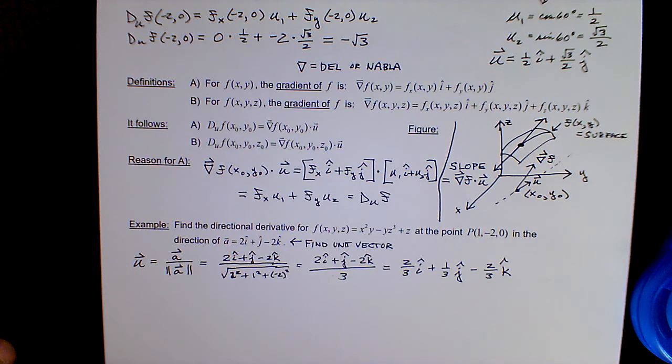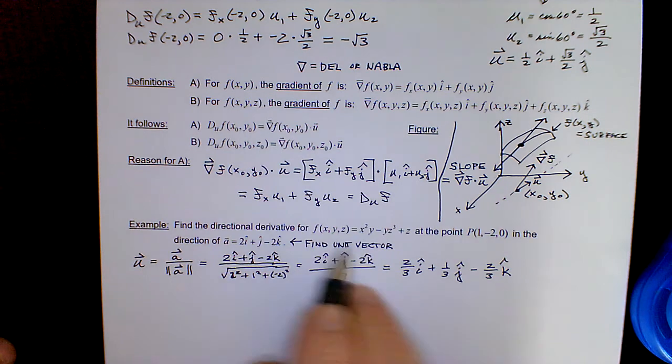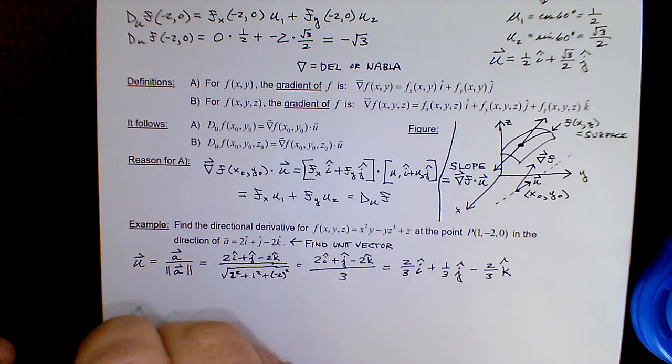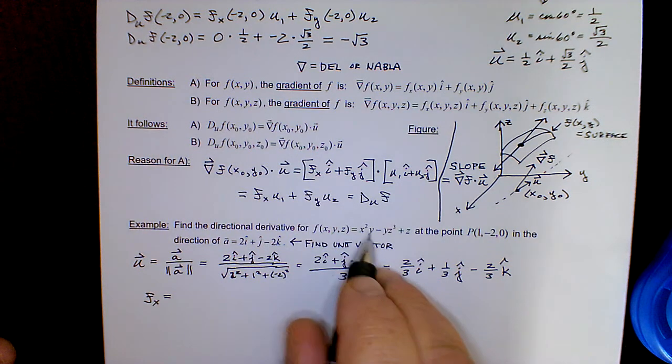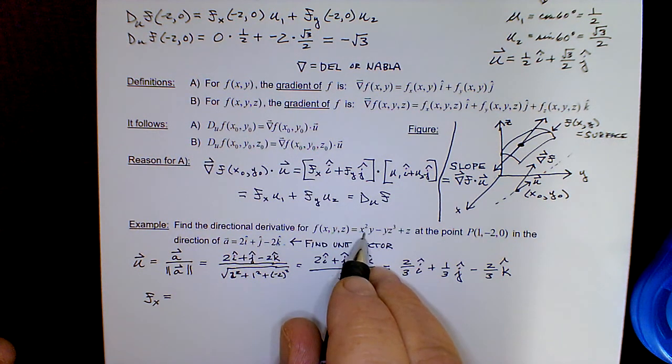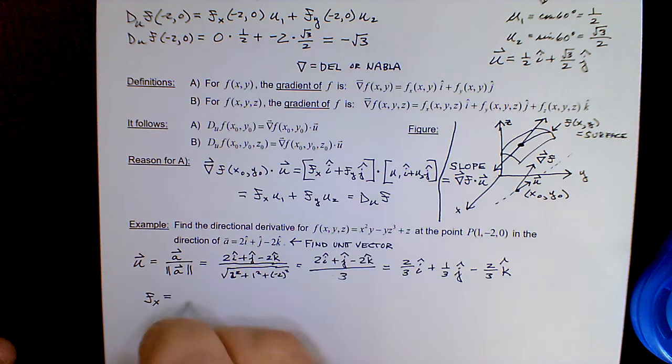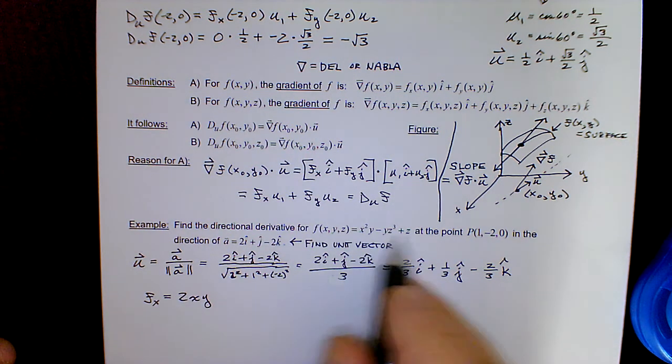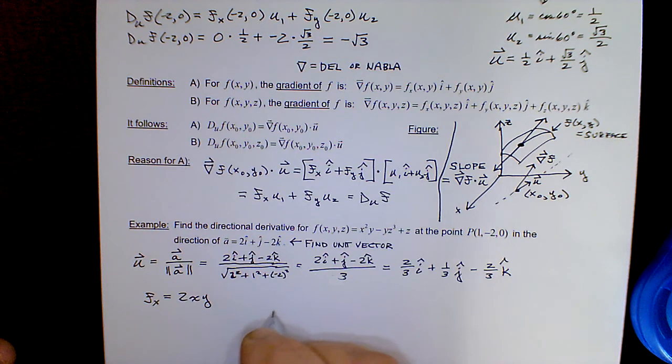And so we'll need some partial derivatives. And it's in terms of x, y, and z, so 3 of them. F sub x would be, okay, y and z are constants, so that's going to be 2x times y for the first term. And then it looks like zeros for the rest of them.